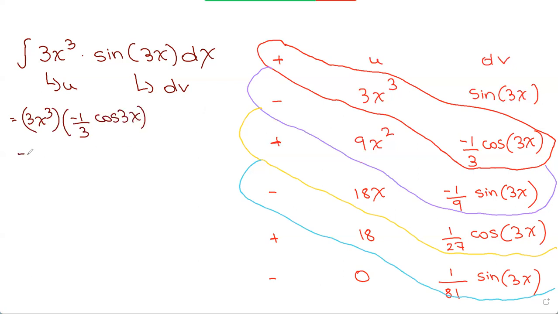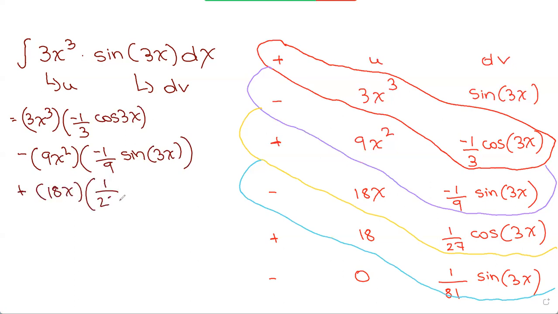And then the second one would be minus 9x squared times minus 1 over 9 sine 3x, plus 18x times 1 over 27 cosine 3x, minus 18 times 1 over 81 sine 3x.